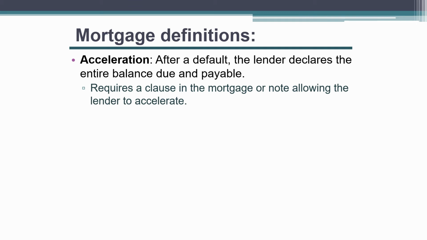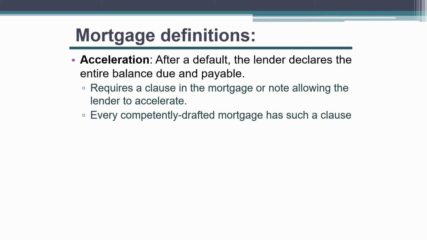It's required that we have a clause in the note or mortgage allowing the lender to accelerate, but virtually every competently drafted mortgage will have a clause like that in it, and lenders always accelerate before they foreclose, because if they didn't do that, all they could get from the foreclosure sale would be the amount of the missed payments. Well, no lender wants to bother foreclosing just for that amount. So they want to be able to collect the entire balance when they foreclose, and to do that, they have to accelerate.